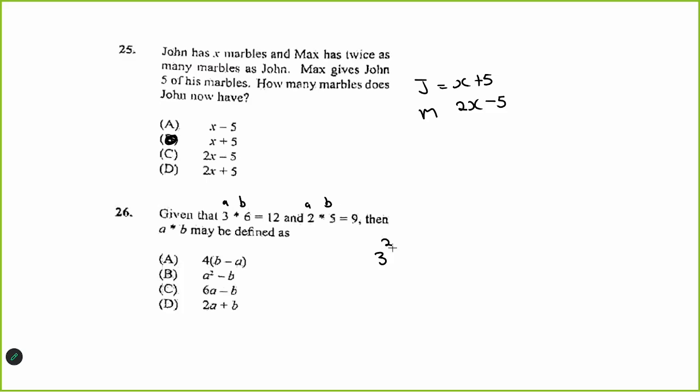That's 3 squared minus 6. 3 squared is 9. Minus 6 is 3. So we know not this one. Then we have 6 by 3. I'm trying this one. 6 3s are 18. 18 minus 6 is in fact 12.